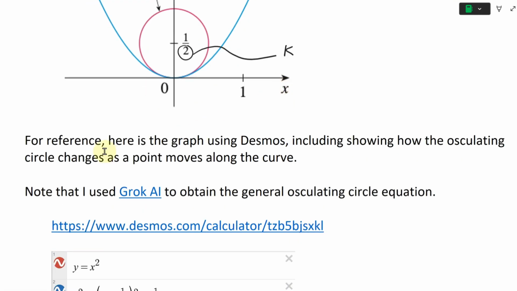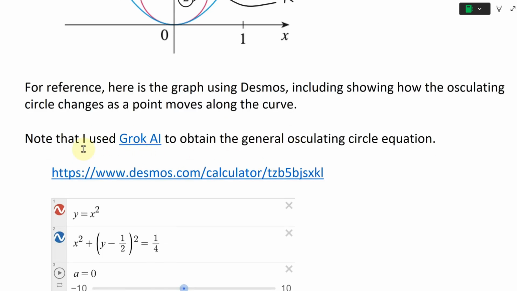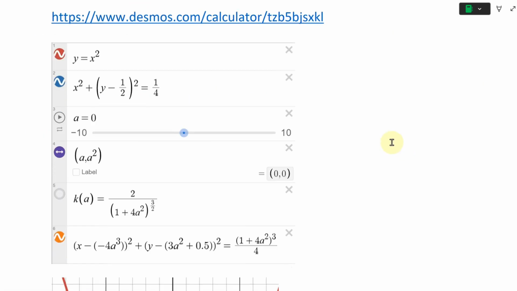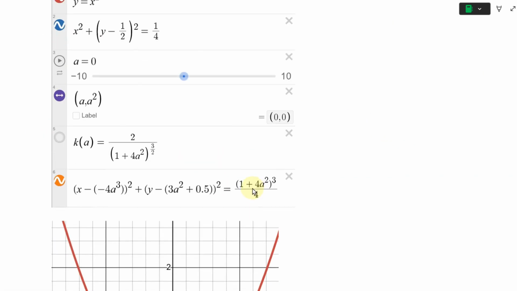All right, so to continue further, for reference, here's the graph using Desmos, the 2D graphing calculator, including showing how the osculating circle changes as a point moves along the curve. Note that I used Grok AI to obtain the general osculating circle equation, just because the calculus book didn't cover it in this chapter, and I don't want to spend another few hours proving how to obtain this one.